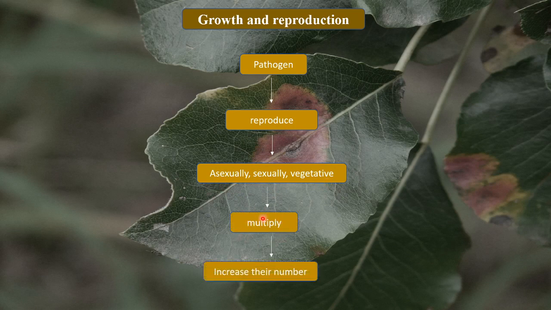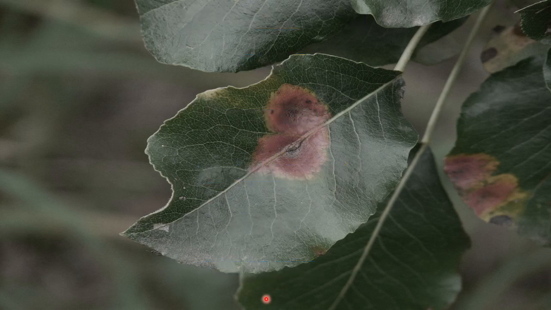As the infection stage has occurred, the pathogen will start increasing its number, so the infection will spread more and more. It will spread all over the plant, so the number keeps on increasing. So this is the stage of growth and reproduction.